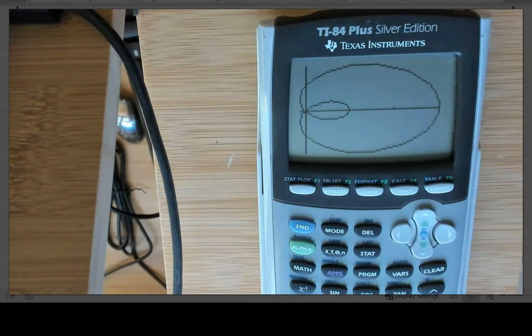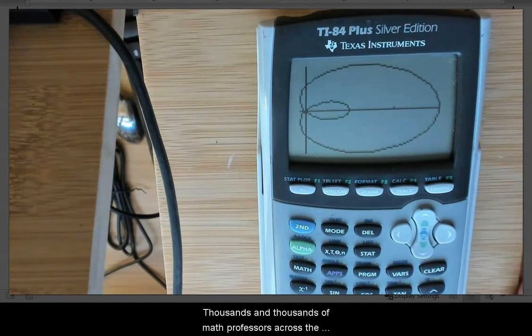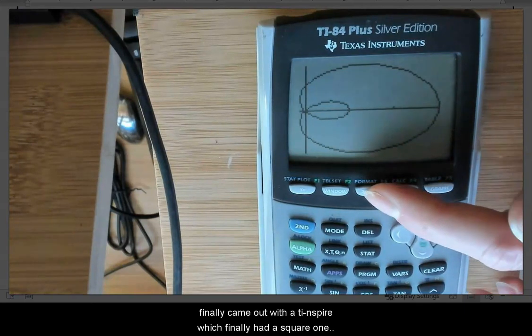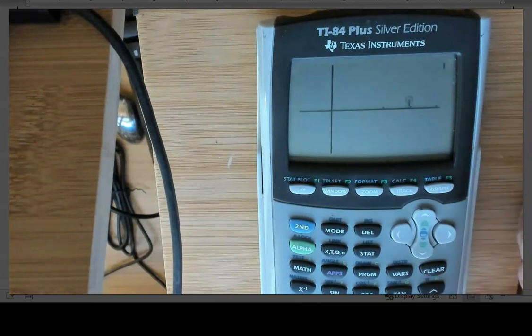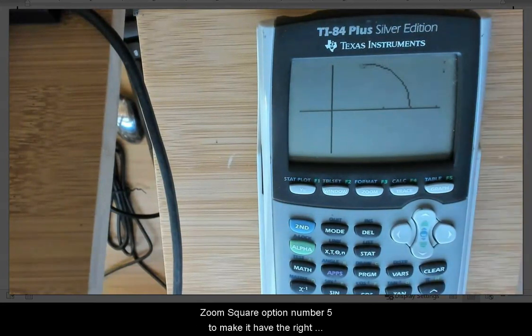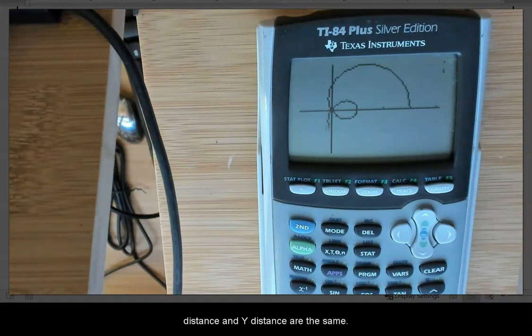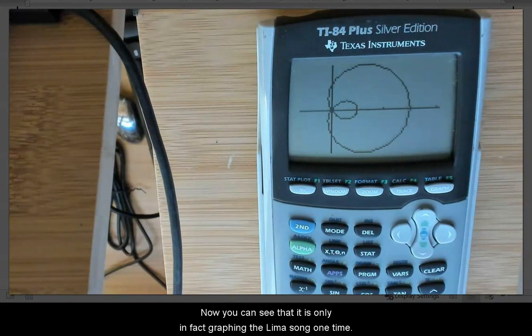In spite of thousands and thousands of math professors across the United States complaining, they continued to do it till they finally came out with a TI Inspire, which finally had a square window. Hit Zoom Square, option number 5, to make it have the right proportions for what it should actually look like when the X distance and Y distance are the same. Now you can see that it is in fact only graphing it one time.